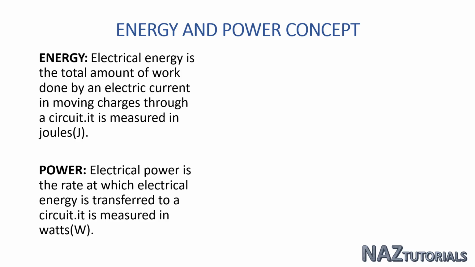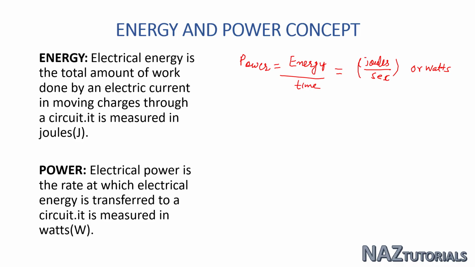So let's see the energy and power relationship. Power is defined by energy divided by time, or you can say energy is calculated in joules and time is calculated in seconds, so it is measured in joules per second, or it is measured in watts.